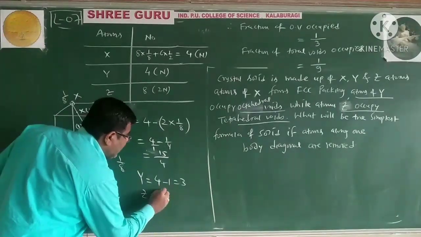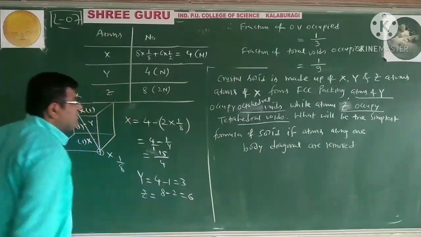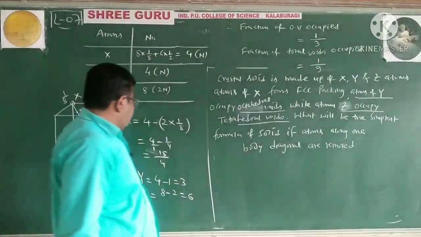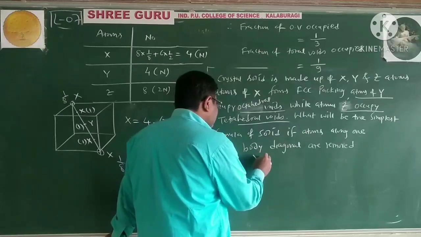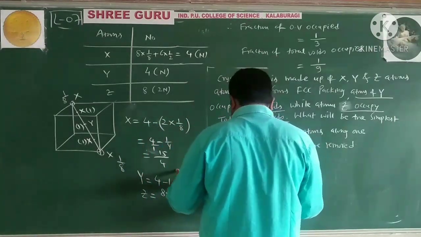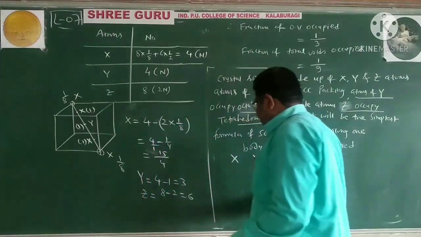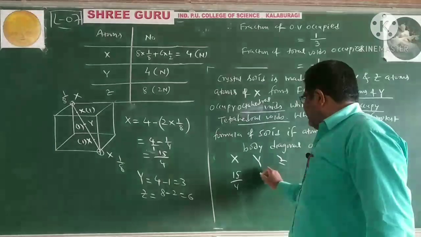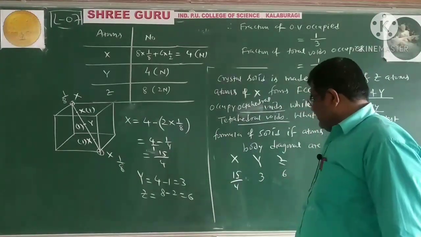And Z is 8 minus 2, which is 6. So what we are getting here is X is 15 by 4, Y is 3, Z is 6.